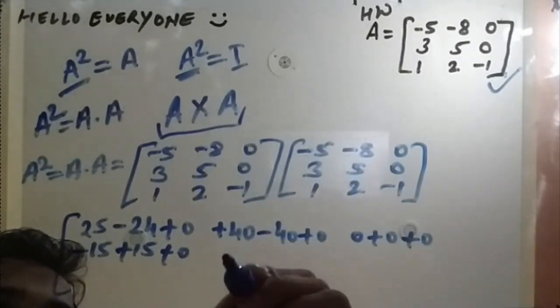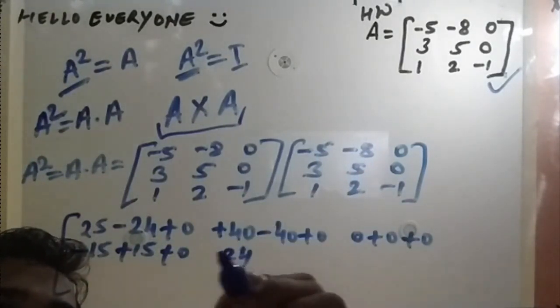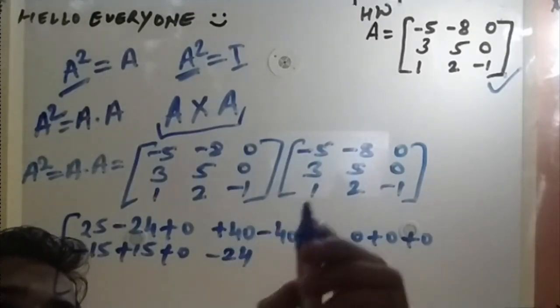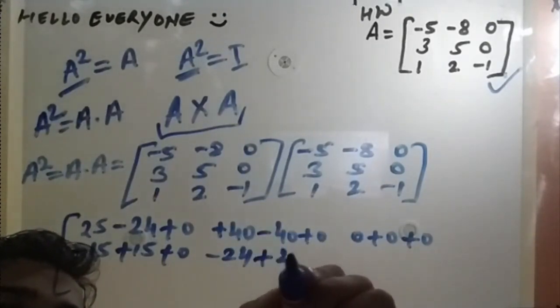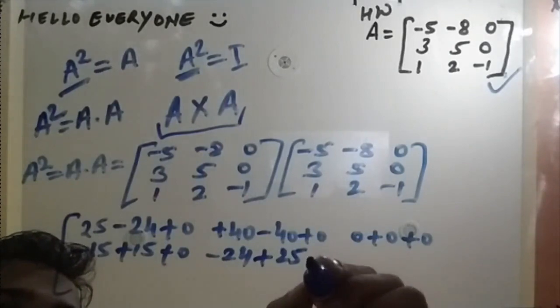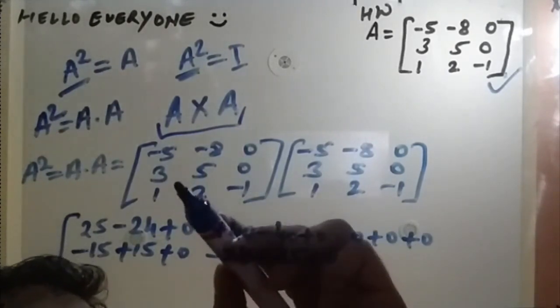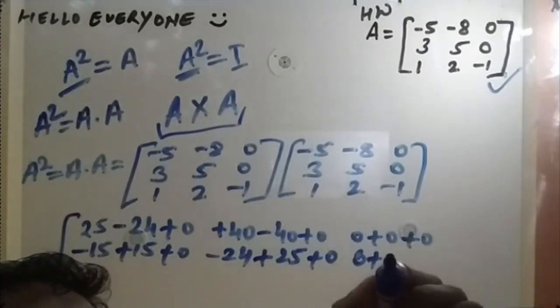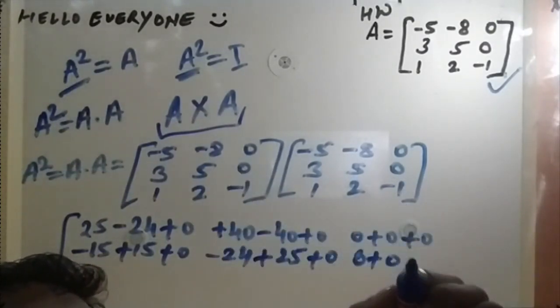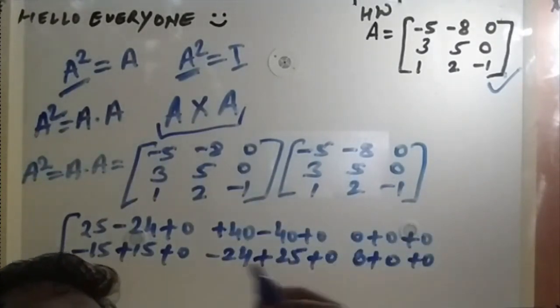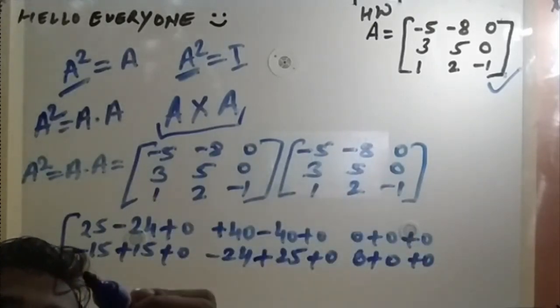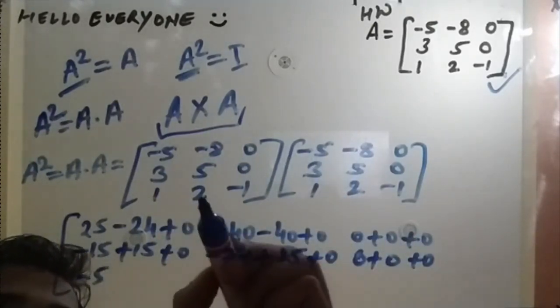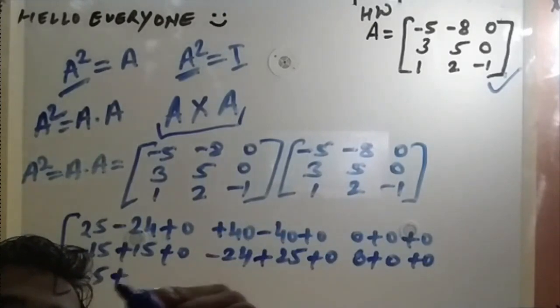3 times minus 8 will give minus 24, and 5 times 5 will give 25. 0 times 2 will give 0. 3 times 0 will give 0. 5 times 0 will give 0. And 0 times minus 1 will give 0. 1 times minus 5 will give minus 5. 2 times 3 will give 6.